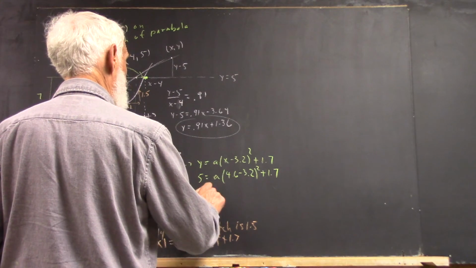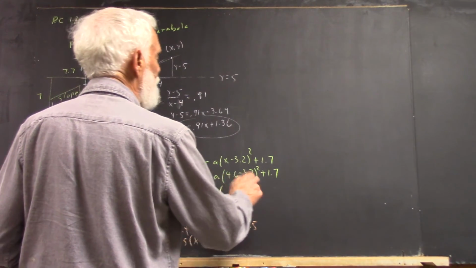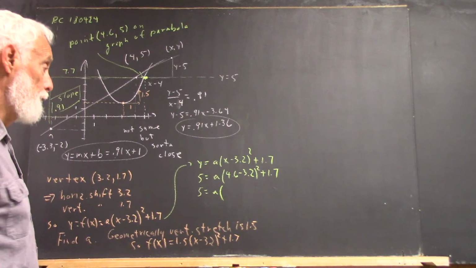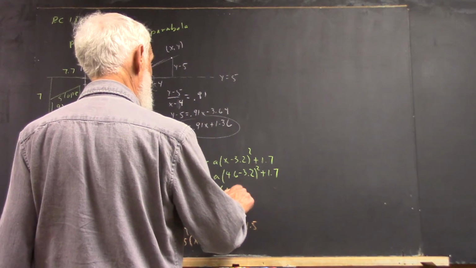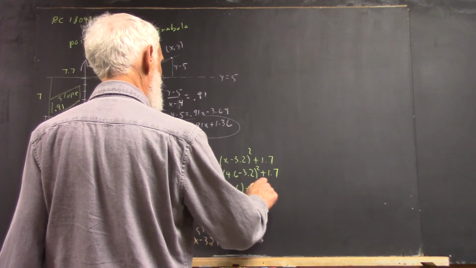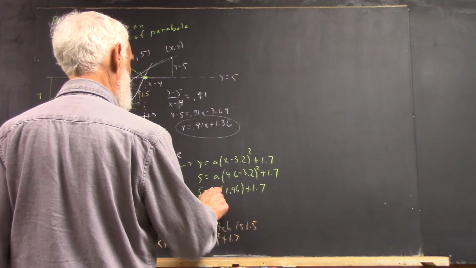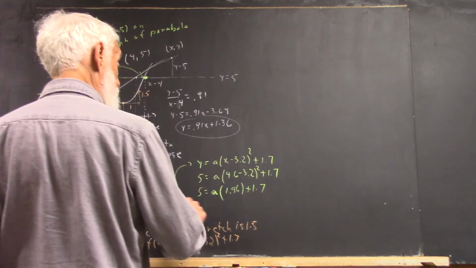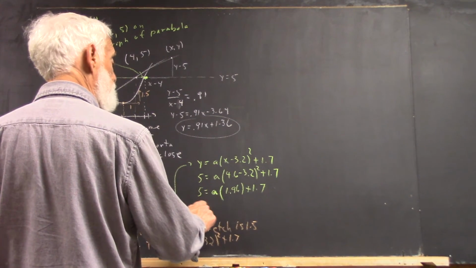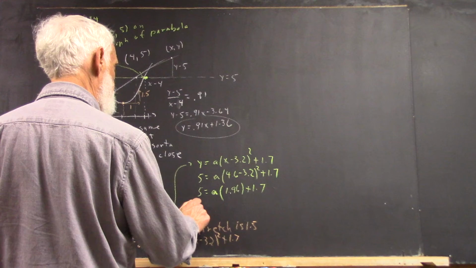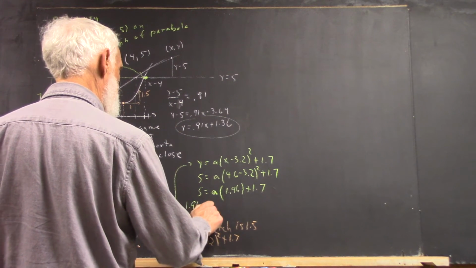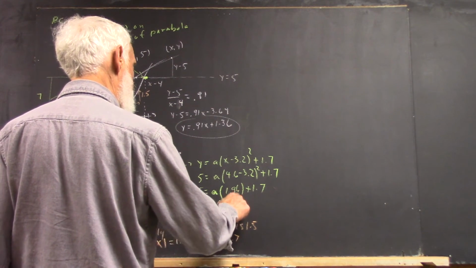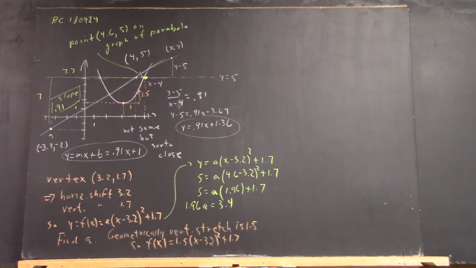So 5 equals a times, now that's 1.4. 1.4 squared is 1.96. I'm not going through the details of solving this linear equation. Subtract the 1.7 and we get 1.96a equals 3.4, right? Now you can check the arithmetic on this.